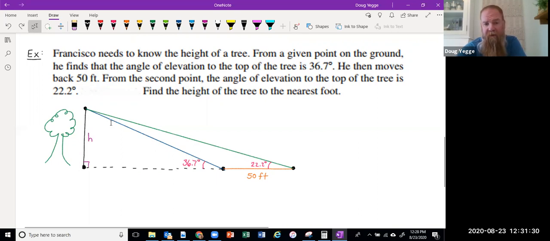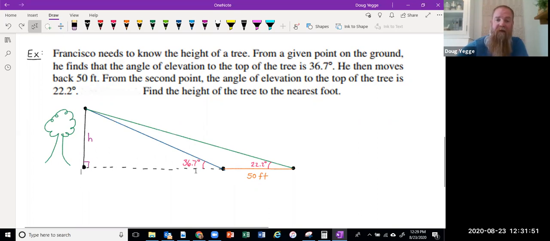So considering there was nothing given about the hypotenuse of either one of these triangles, and we don't really care about the distance from the observer up to the top of the tree, the most logical next step would be to think, well, maybe we could use something relating to the adjacent side.